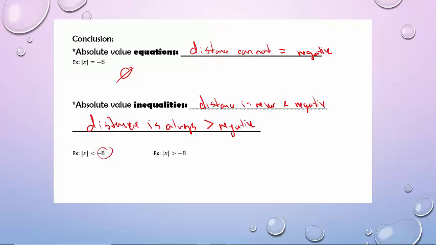So a negative answer, you can't have a distance less than a negative, so no solution. The other scenario is you will always have distance greater than negative 8, no matter what the number is. So you just have to watch out for these negatives, okay? It's either no solution or infinite solution.